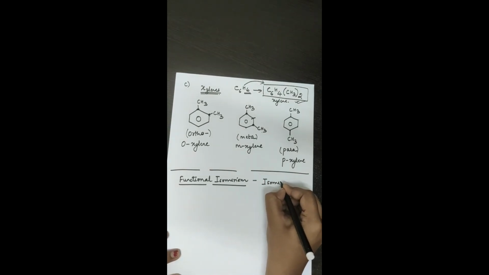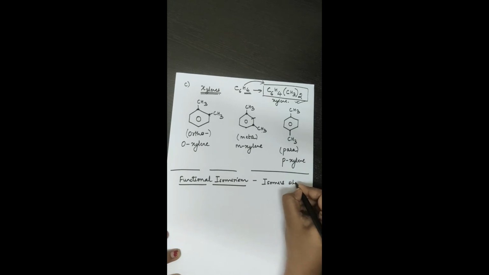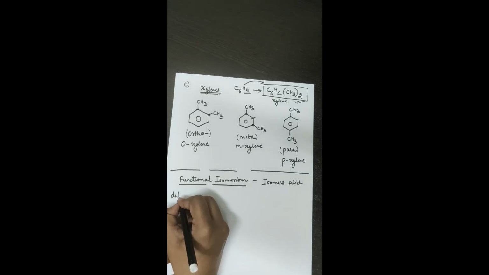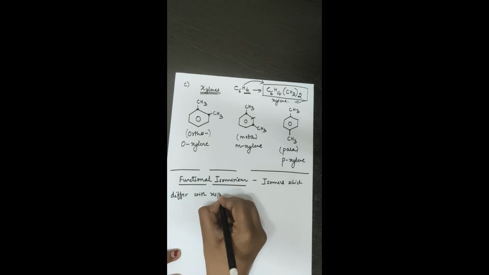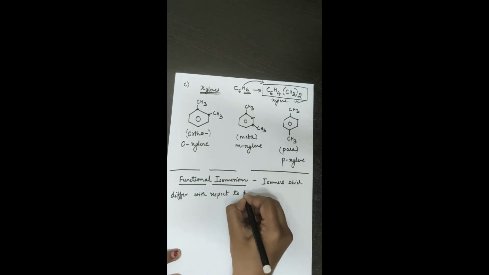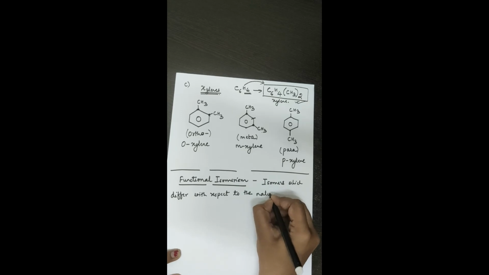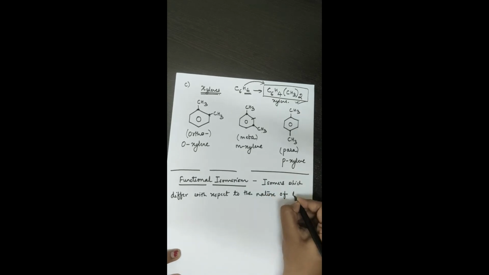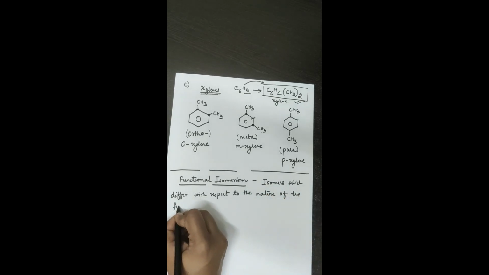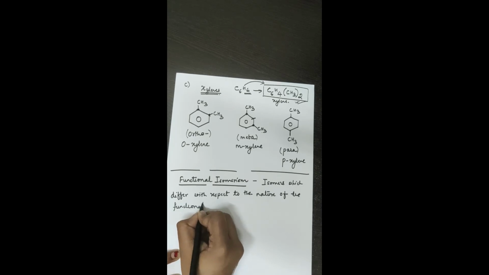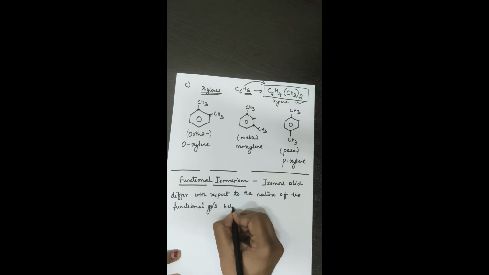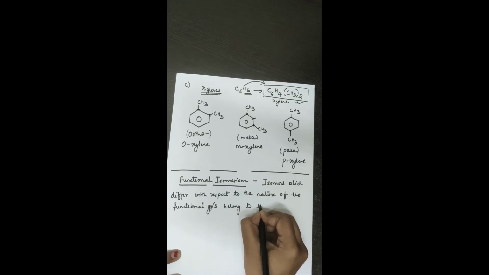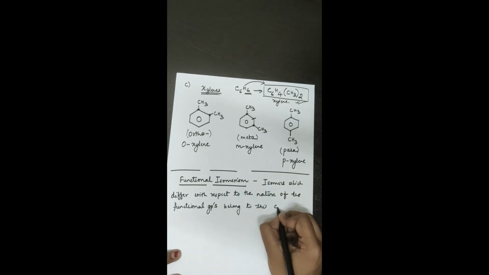Isomers which differ with respect to the nature of the functional groups, right, belong to this category. Let's see the examples.